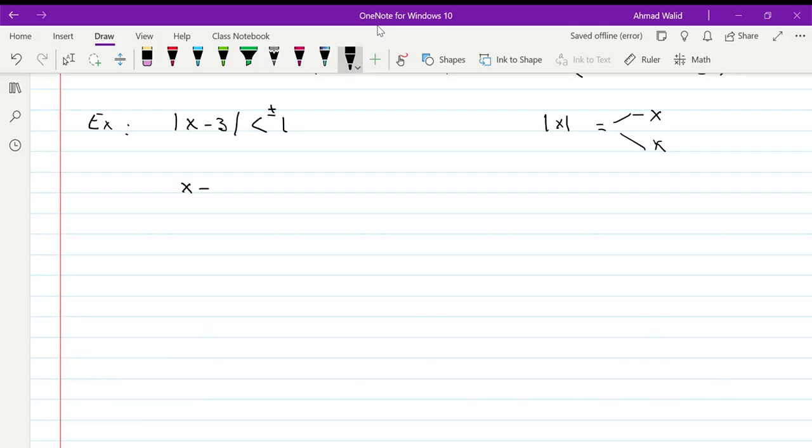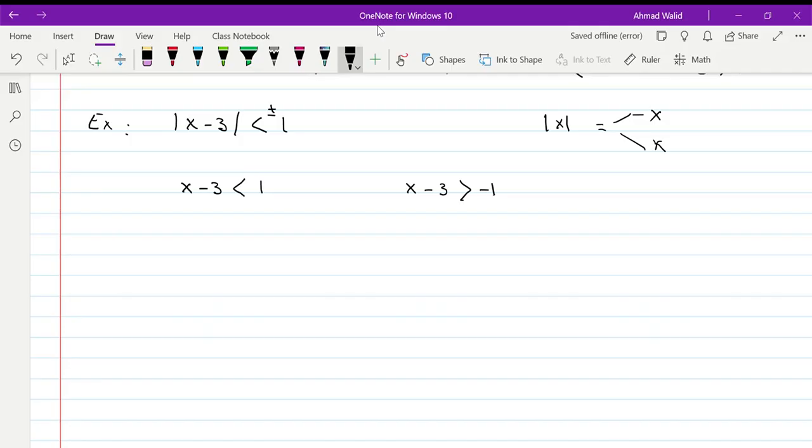It means write x minus 3, use the positive side of the number, but here you're using less than positive 1. This will be one of your inequalities. The other one, x minus 3, but for this one use a greater sign and use the negative side, negative 1, and solve both of them.